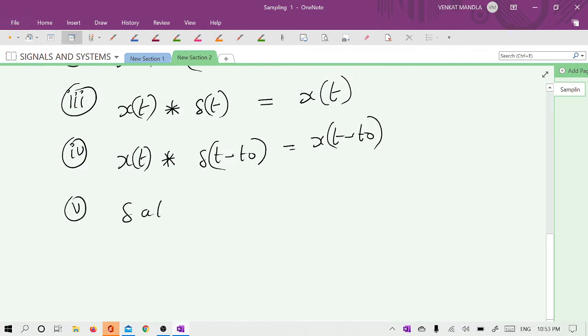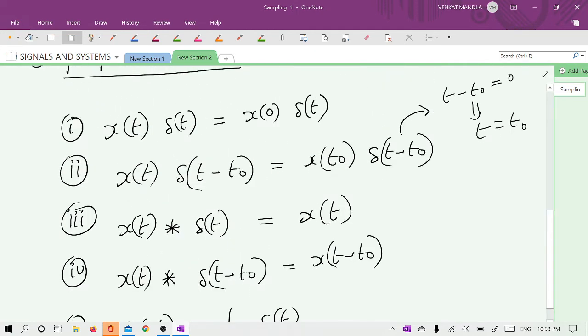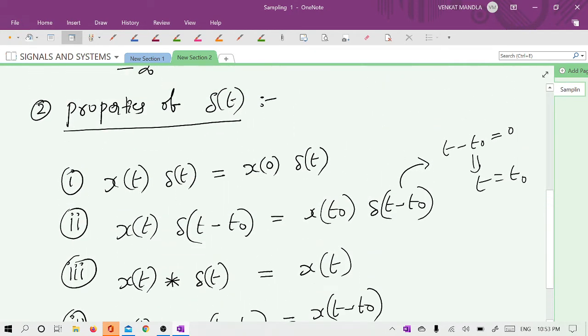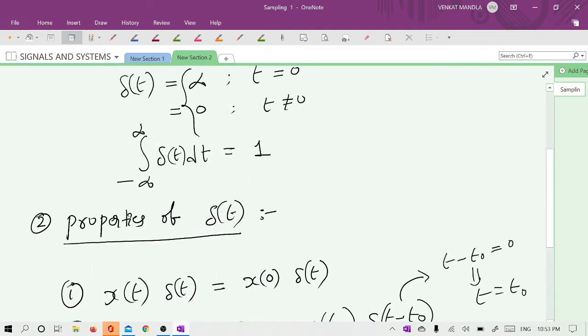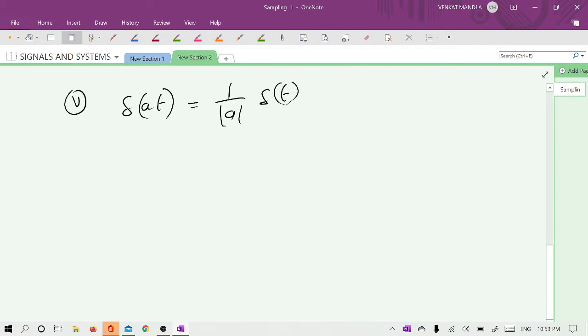And del of at is 1 by mod a del of t. Yeah, these are sufficient for me to discuss our sampling concept. And one more concept.